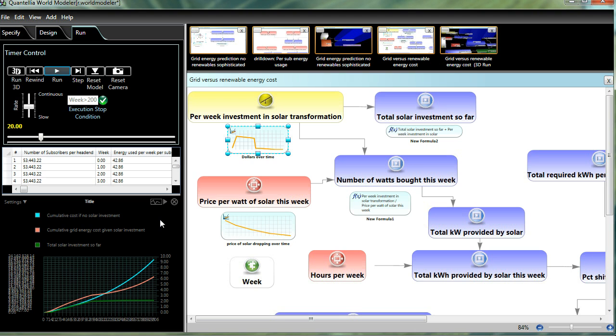This is a model that if you contact us, we can make it available and also support you in getting the best data you possibly can for your particular situation into it. Certainly the price of solar is different in different regions. The price of grid energy is different depending on where you're located.